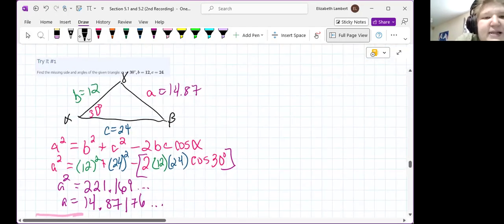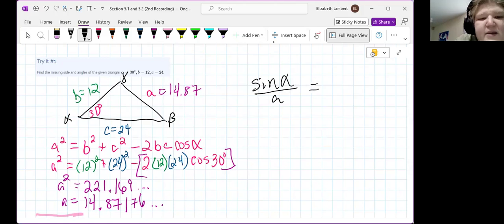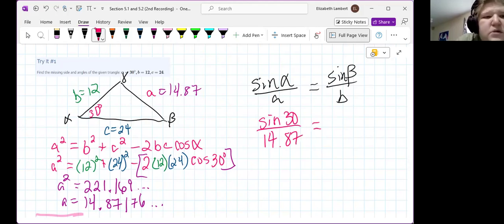All right, let's set it up. Sine alpha over A and sine beta over B. So sine of 30 over the 14.87 we just found equals the sine of beta over 12.